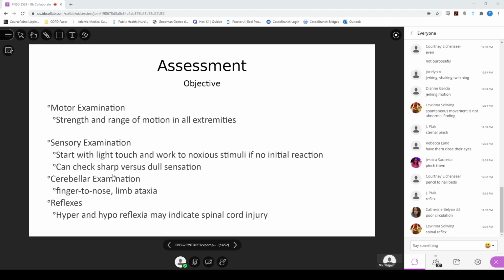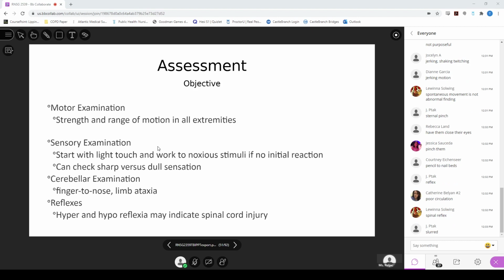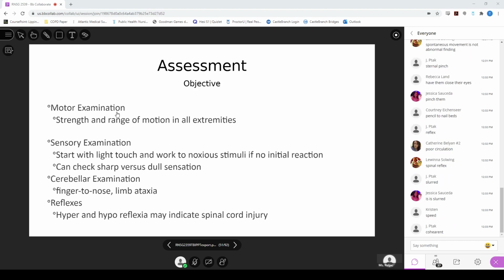Assess their speech. You're going to find out if they can speak, but then what do you want to know about their speech? What are characteristics of speech? Slurred? Coherent? Can they, or does it not make any sense? Are they forming words? Mixing words? What about their sentence structure? Are they repeating words? Yes, the flow.